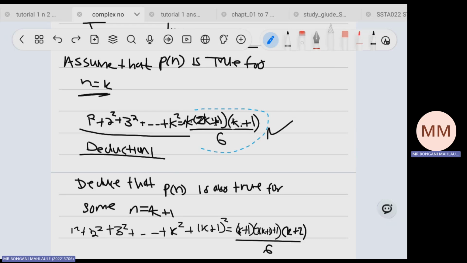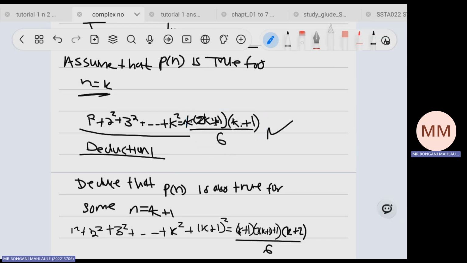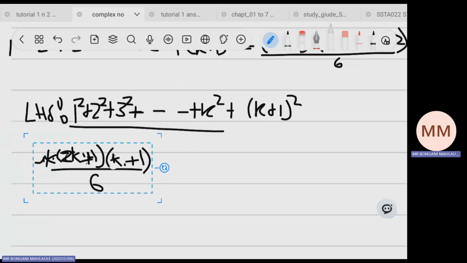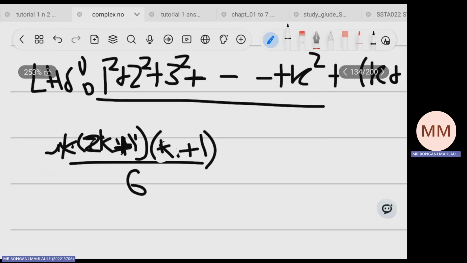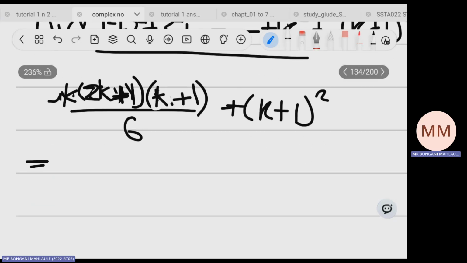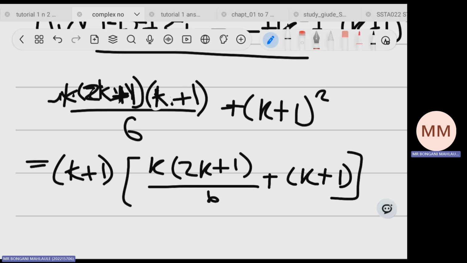So we'll just copy it. But this is 2k plus 1, then plus k plus 1 all squared. And I can take out the common factor, which is k plus 1. I will be left with k, 2k plus 1, all over 6 plus k plus 1.